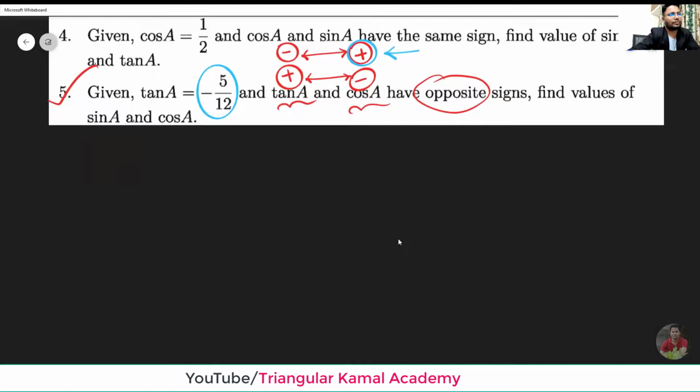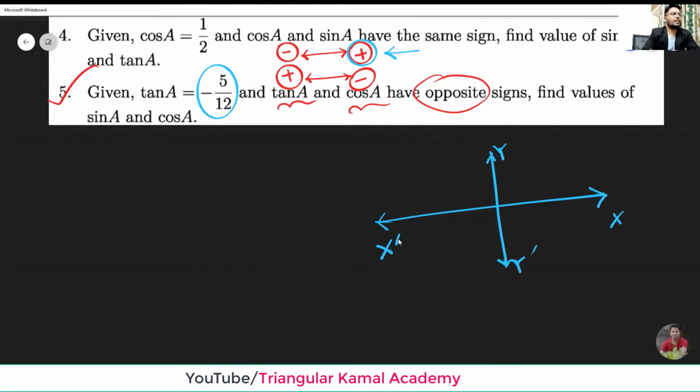Let's see. If we draw the figure here, this is x, this is x prime, y, and y prime.